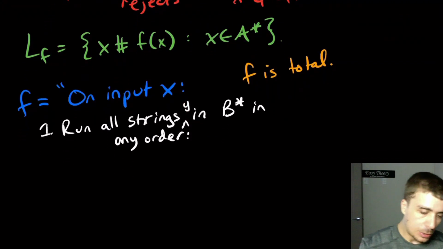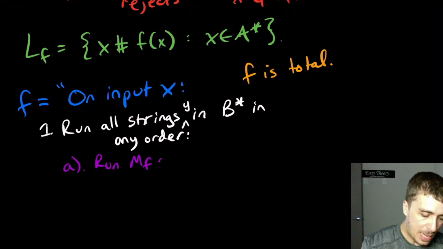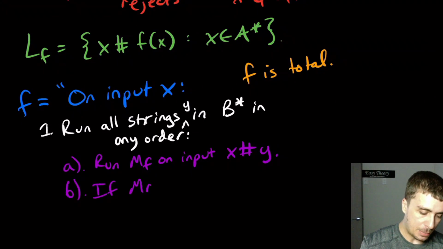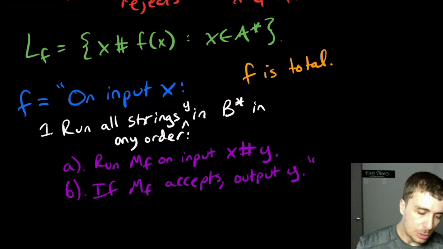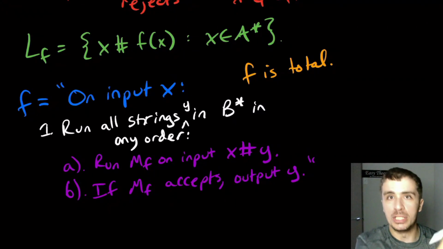Okay, so step A inside here is: run M sub f on input x pound sign y, and if M sub f accepts, output y. Remember that f is a function. It's not like a recognizer or anything, so it has to actually output something.